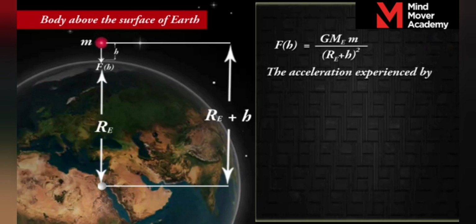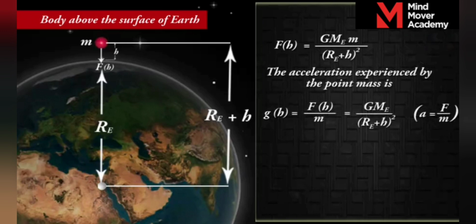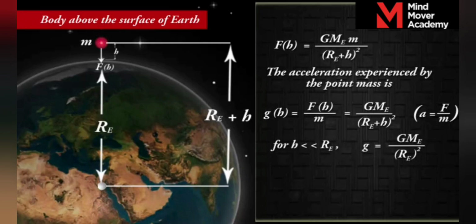The acceleration experienced by the point mass is gh is equal to Fh upon m is equal to G Me upon Re plus h whole square. We know that a is equal to F upon m, that is, acceleration is force upon mass. Now, for h less than Re, we get g is equal to G Me upon Re square.